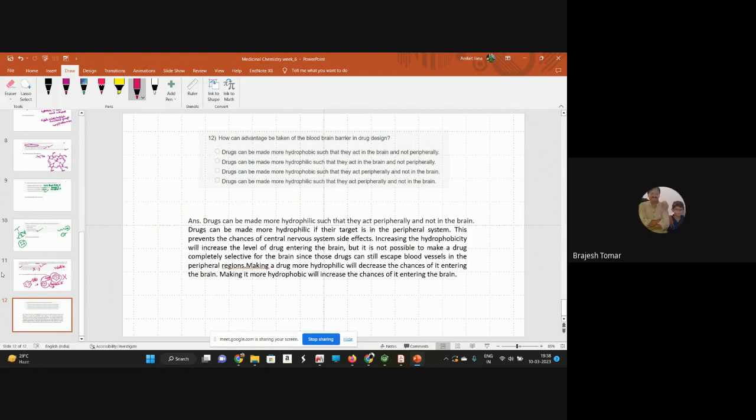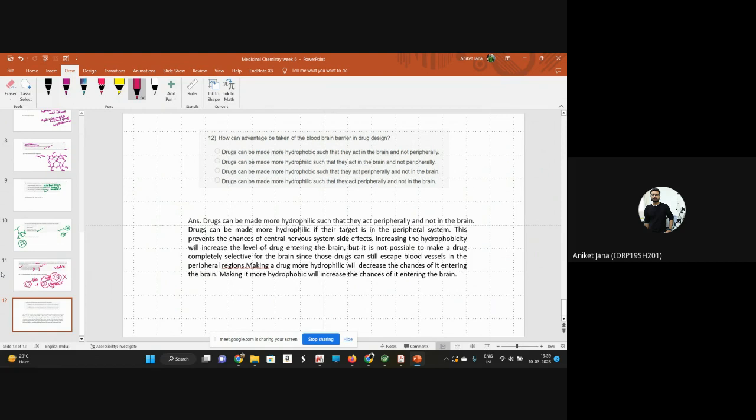Yes, it can be. Actually, if we make it hydrophobic, then it will cross the blood-brain barrier and come to the brain, not in the periphery. Yes. Okay. So to make it more selective, we make it hydrophilic, such that it acts in the periphery and does not come to the brain.